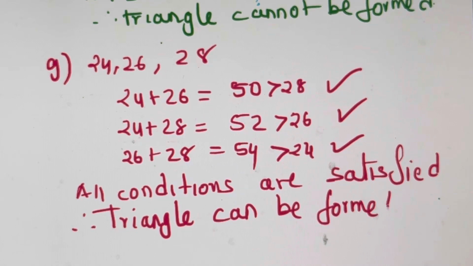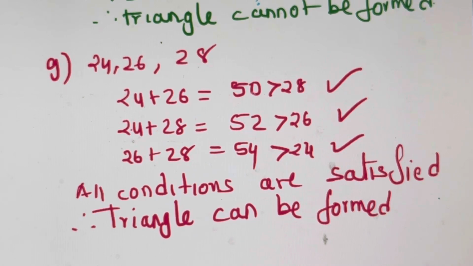Now here I'll just tell you these numbers were a little different. Earlier the numbers were smaller and easy to add. Here what you can do, just apply tricks which we have learned earlier in different chapters, addition tricks. So you can add 20 plus 20, that is 40, and 4 plus 6 is 10, so 50, right? So this was still easy. Now when you are adding 24 and 28, we have already added 24 and 26.